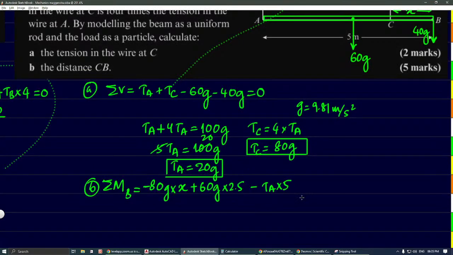So you need to find X. So substitute with this. TA is how much? TA is 20G. Yes.